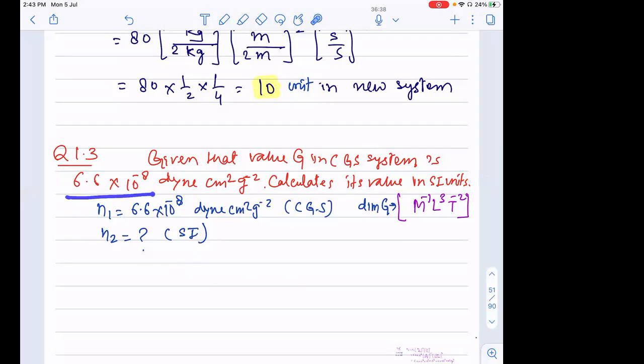Do you remember how much the answer comes? Actually here 6.67 also comes, right? Into 10 to the power how much? In 9th it was -11. So the answer also you know, -11 should come. N1 will remain as it is. This number will not change. Since this is a metric system, the power of 10 will get changed depending upon the dimensions.